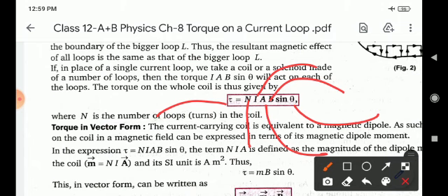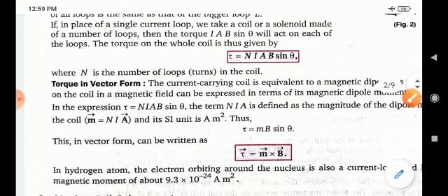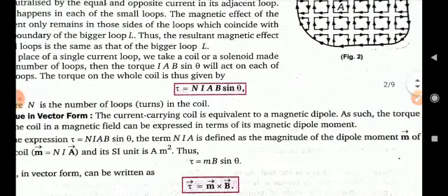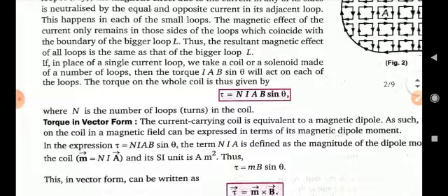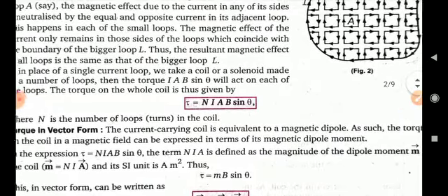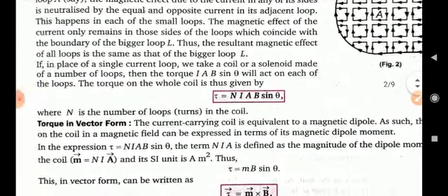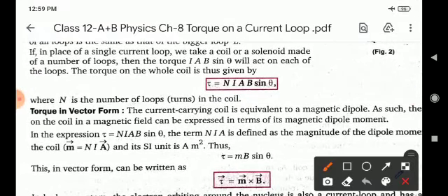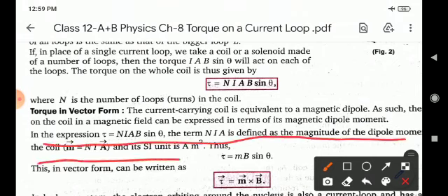Okay children, so torque in vector form: the current carrying coil is equivalent to a magnetic dipole. As such, the torque on the coil in the magnetic field can be expressed in terms of the magnetic dipole. Therefore, torque is equal to NIAB sin theta. Then the term NIA is defined as the dipole moment, and its SI unit is ampere meter square.